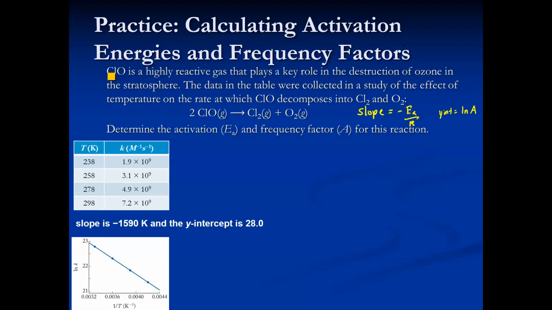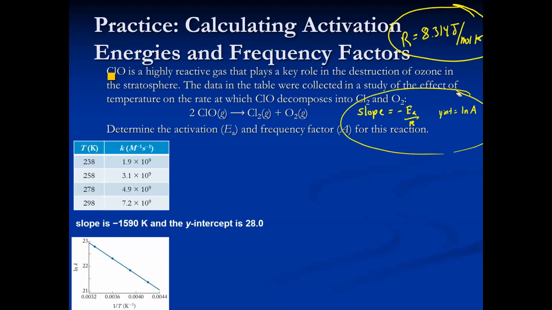And I will give you this: R is 8.314 joules per mole K. Okay, this will be given to you. I will not be giving you these, so you need to remember this. Okay, so now try this one and then type it in the chat. We'll go over it in just a minute.